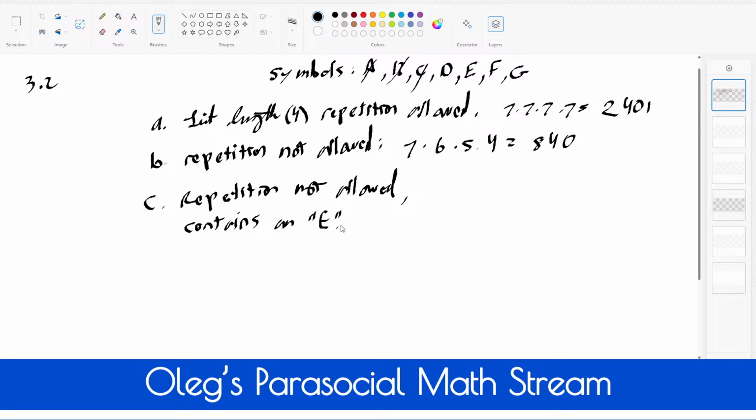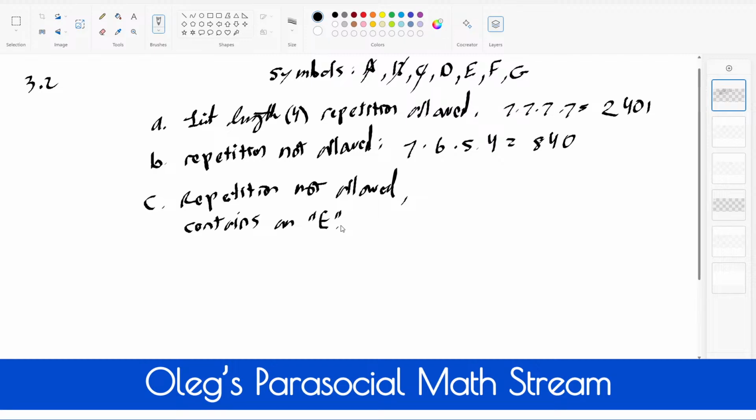Let us divide these lists into 4 categories depending on whether E occurs in the first, second, third or fourth entry. These types of lists are basically: E in the first, and then we have 6, 5, 4.